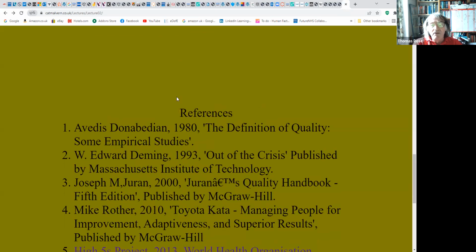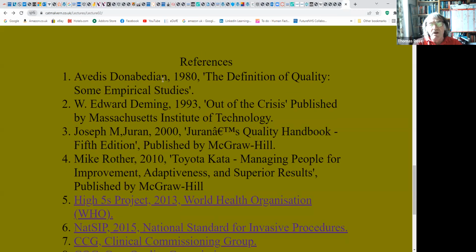So I've included some references of some of the books and documents that I think are really relevant to quality management systems. And I'm going to refer to some of the articles from these references during the lecture. The first one is rather old, but is very important. The second one, most people will have heard of Deming, and his book, Out of the Crisis, is sort of a Bible for quality management.